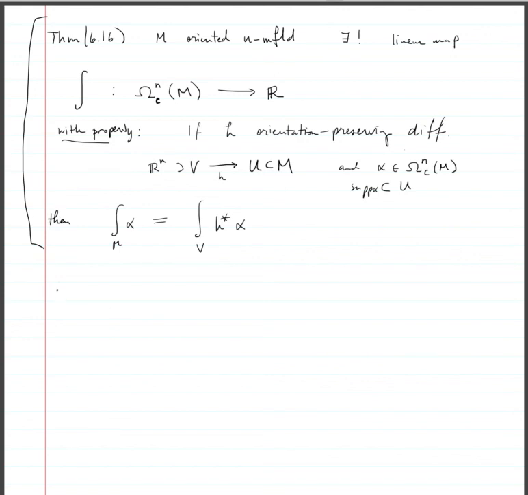So in other words, the basic proof is that if we take, let's say, an n form on M, then we want to integrate it over M. So what we can do is choose a partition of unity.